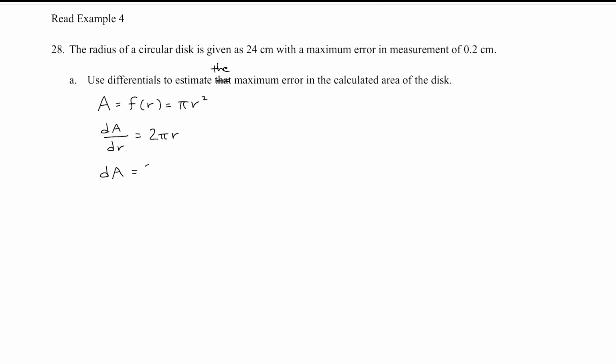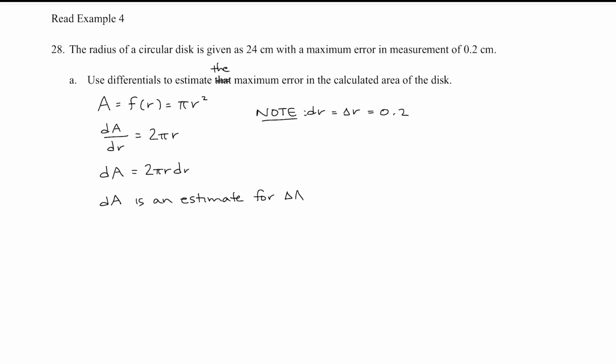So I bring my power down, raise r to 1 lower power, and then dA, differential of area, is 2 pi r times dr. Now, note to self, in this case, dr, which we could think of also as delta r, is 0.2. That's how much the radius might be off by.